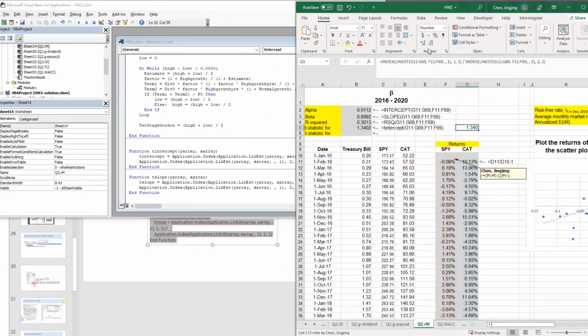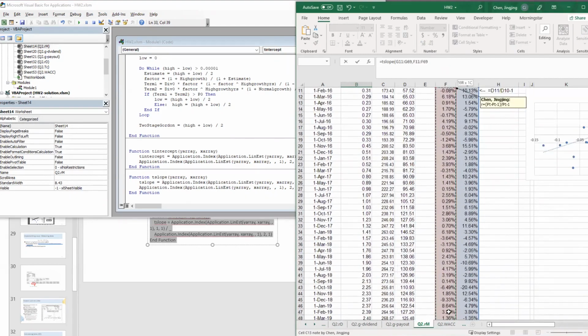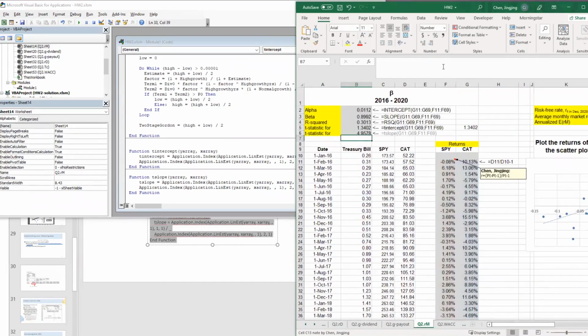Okay, good. So this gives us the same number for the t-statistic of the intercept. So now we can do the t-statistic for the slope. Okay, pretty good.